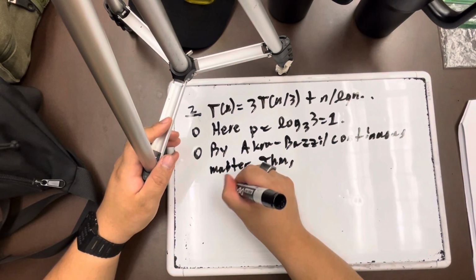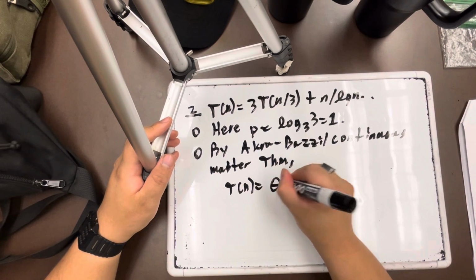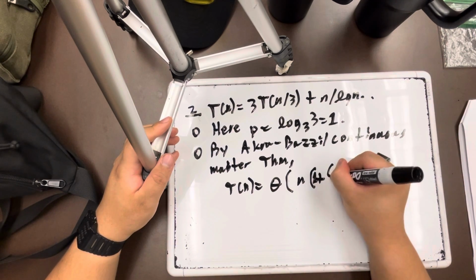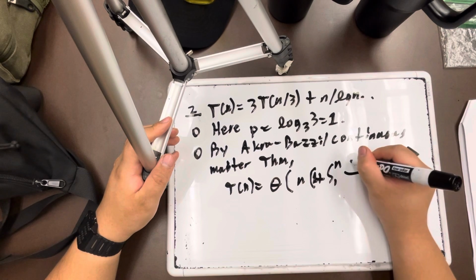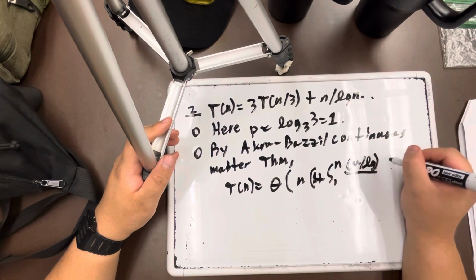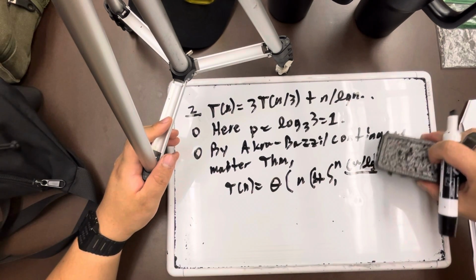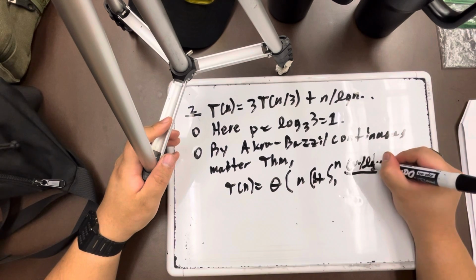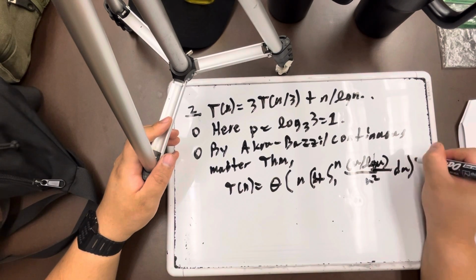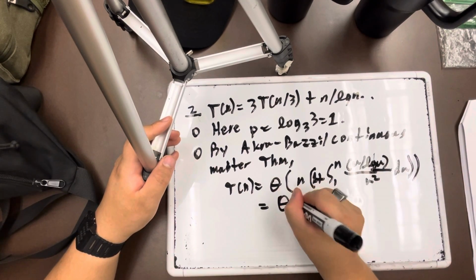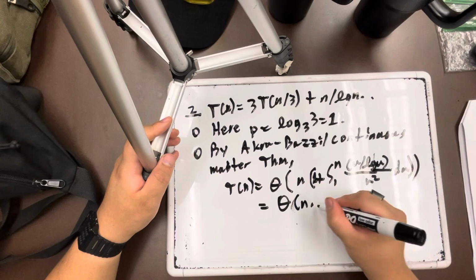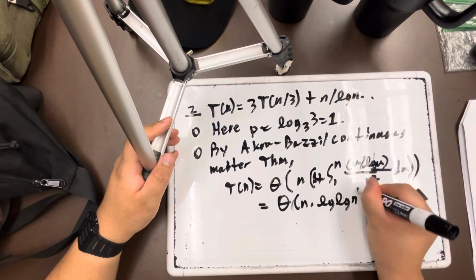we have T of n is equal to theta of n times open parentheses 1 plus the integral from 1 to n of open parentheses u divided by log of u close parentheses over u squared du, close parentheses, which is equal to theta of n log of n.